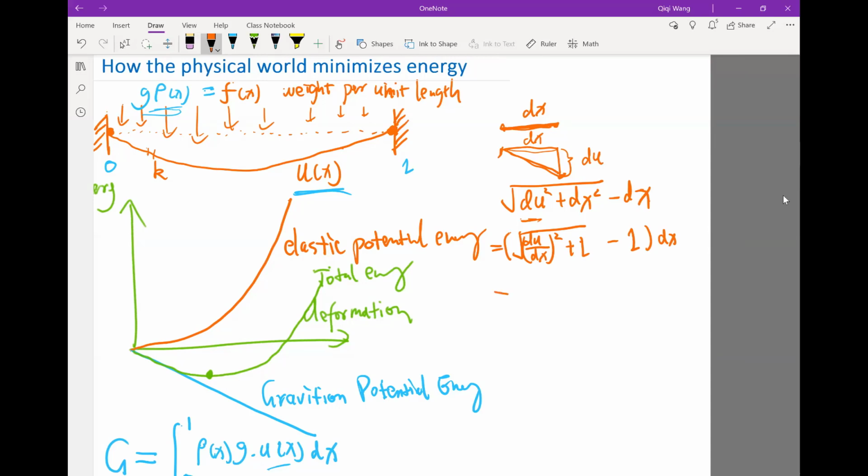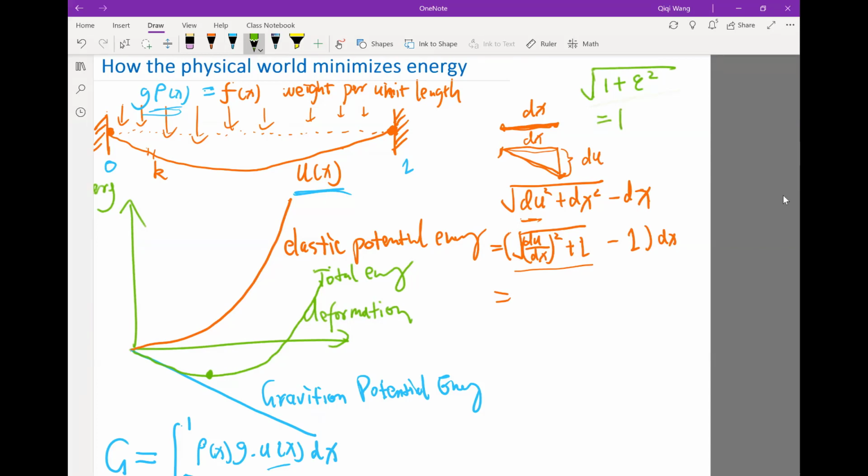If du/dx is much smaller than 1, you can do a Taylor series analysis of the function square root of 1 plus epsilon.